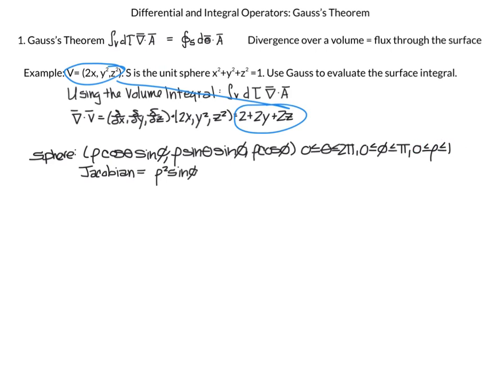We're going to let theta go between 0 and 2 pi, phi go between 0 and pi. And like when we parameterized the cylinder, because we're parameterizing the volume here, we let rho go between 0 and 1. If we were just doing the surface, we wouldn't want the interior. We'd only want the radius set equal to 1, and so we'd put a 1 here.